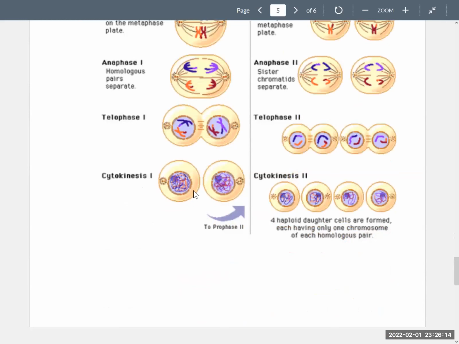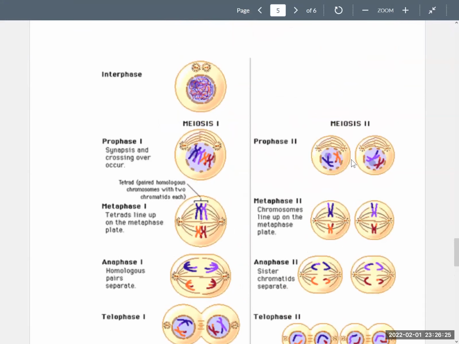That ends meiosis 1. Now these are only 2 cells, and you're going to get the formation of 4 cells. How? Here are the 2 cells. We don't need to look back at the text above.